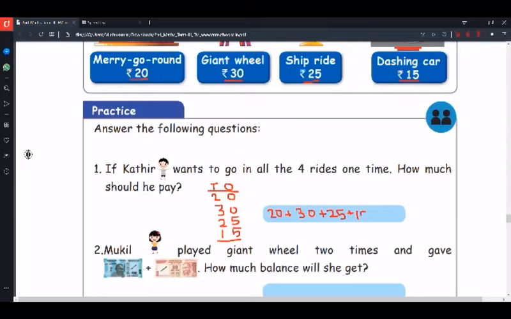Put that plus correctly, ma. So is equals to, right? See here, at the top you put rupees because rupees is common, isn't it? Put rupees at the top.